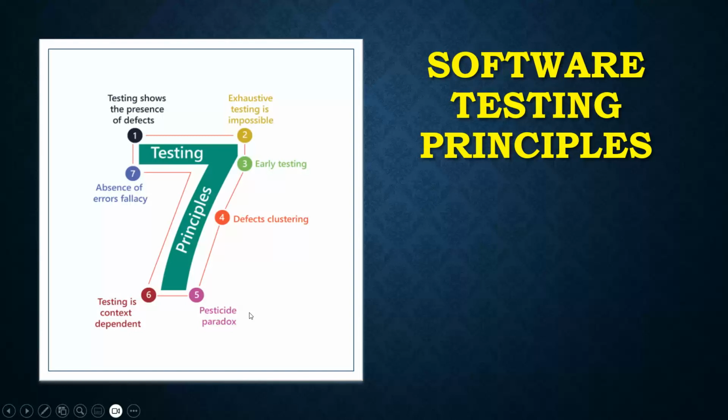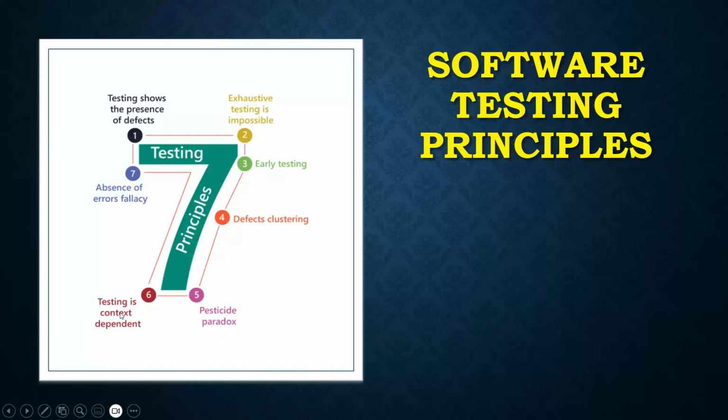It is related to the prioritization of the defects. If the high priority functionality is not working, how can we expect the low priority to work? So that prioritization of the defects or bugs is basically the pesticide paradox.